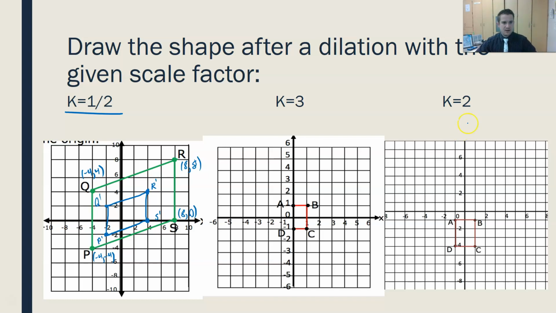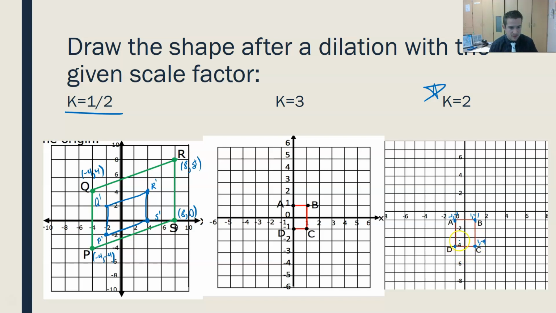Okay? Let's do this one right here. If I have a rectangle ABCD with a scale factor of 2, I'm going to take each of these points, I'm going to multiply them by 2. So like here I have 1, -1. This point right here is -1, -1. This point right here is 1, -4.